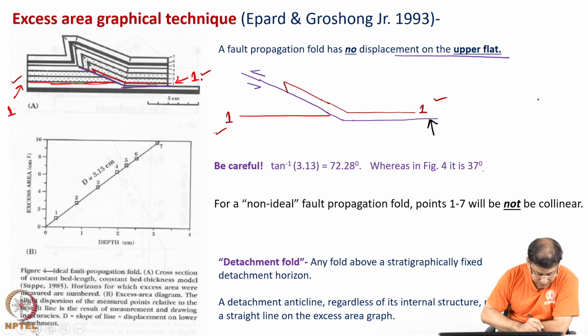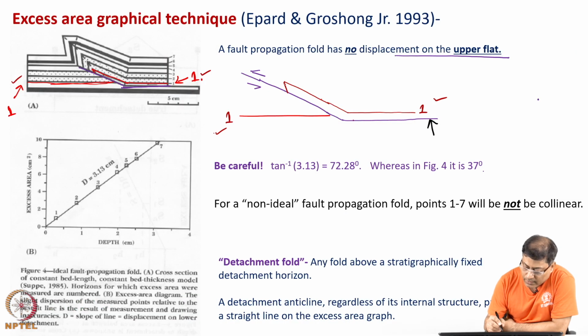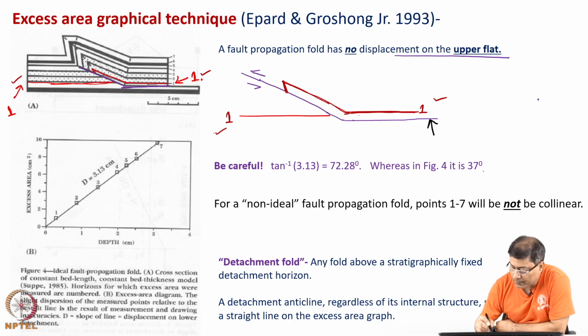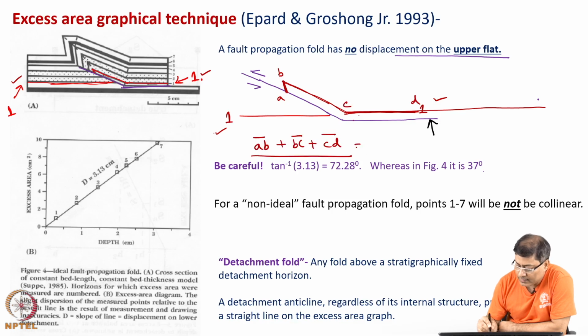So, what to do? As we did in this classic Chamberlain method, we have to measure this total length and then this length has to be opened up. This means if this is A, B, C and D, find out the AB length, find out the BC length, find out the CD length, add them up, say is equal to AB length.